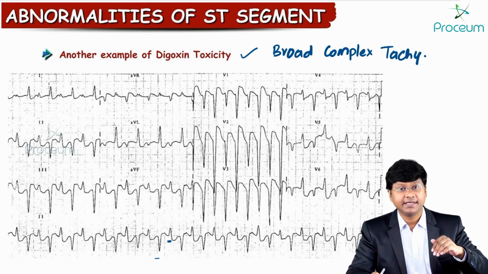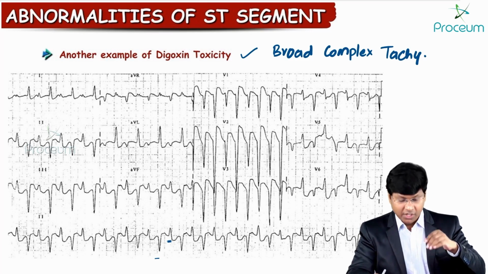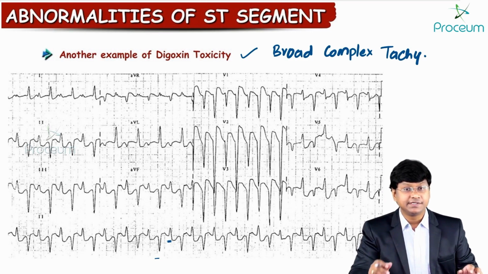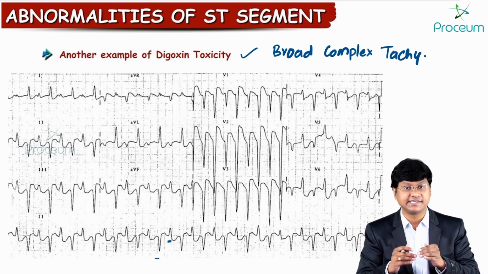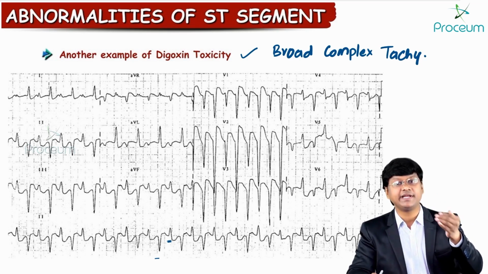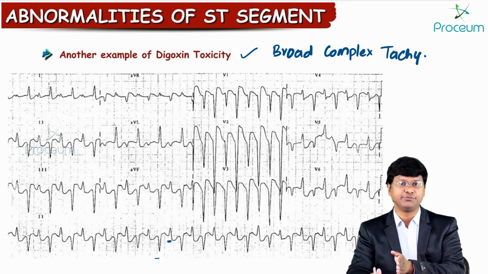In this particular patient, there is a broad complex tachycardia with a frontal plane axis that alternates by 180 degrees with each successive beat.